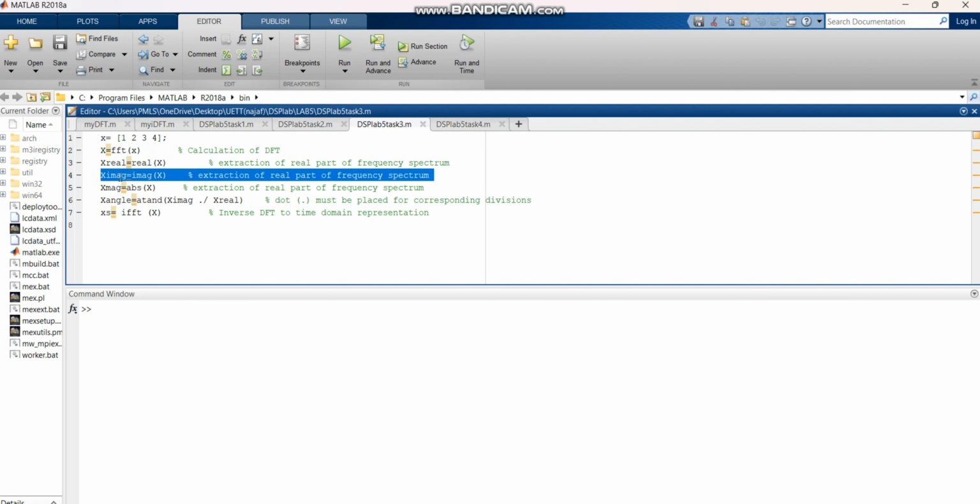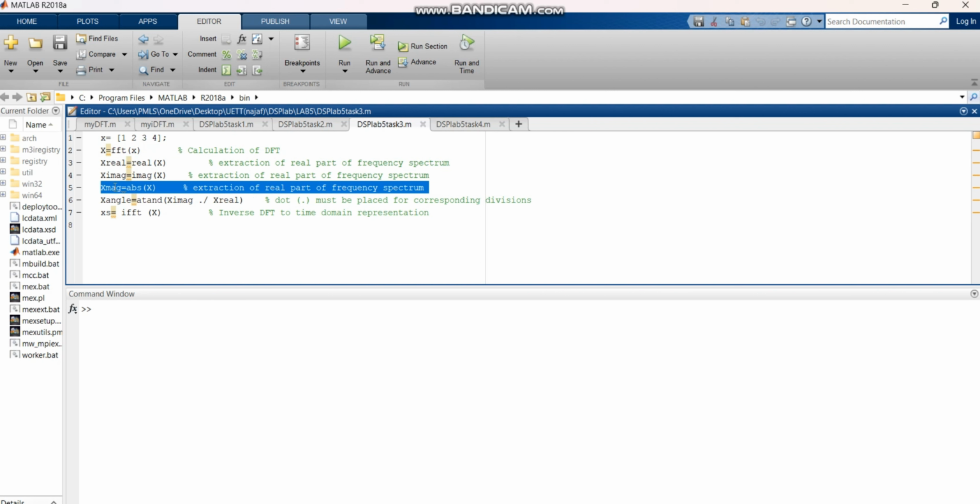Line number 4 extracts the imaginary part of the frequency spectrum obtained from the discrete Fourier transform and assigns it to the variable x imaginary. Line number 5, x magnitude equals ABS of X computes the magnitude of the frequency spectrum and assigns it to the variable x magnitude.